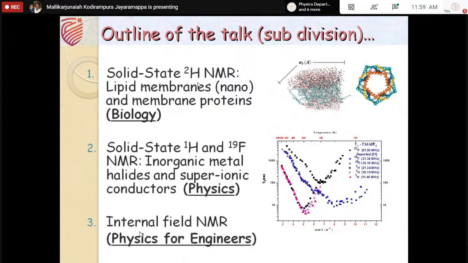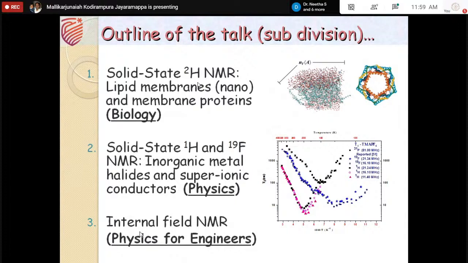The system is analogous to the solution state, and whenever we talk about dynamics happening in the system, broadly, and I might be oversimplifying it, we call it solid state NMR. Within solid state NMR, I will be concentrating on three sets of systems.